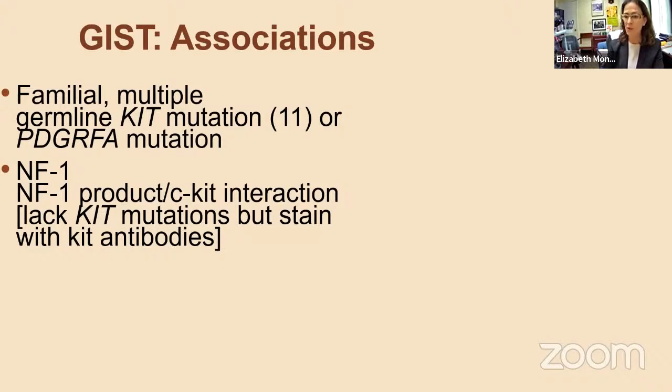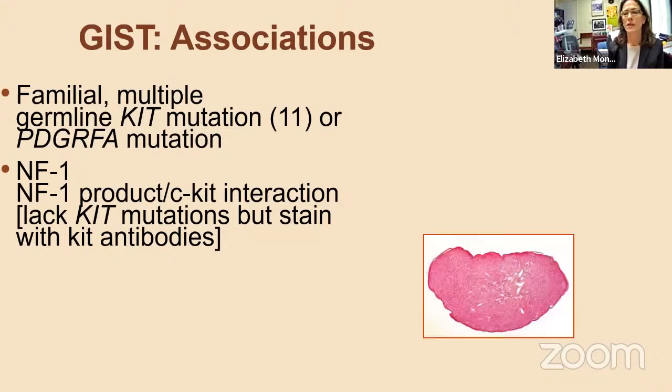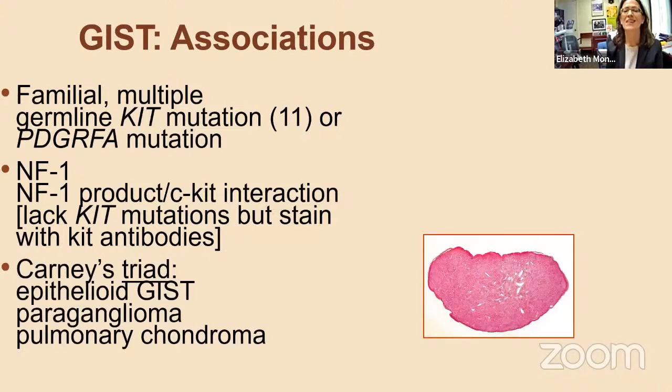They lack KIT mutations, but you'll be able to diagnose them easily. They stain with KIT antibodies, and it has to do with an interaction between the NF1 gene product and the KIT gene product. And of course, there's Carney's triad, and that has epithelioid GI stromal tumor, paraganglioma, and pulmonary chondroma.